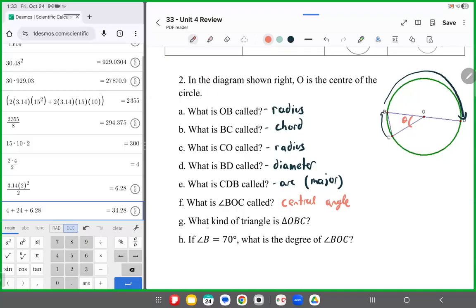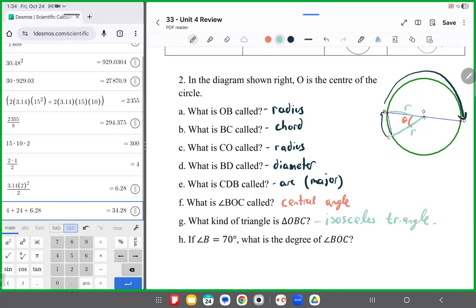Letter G, sorry. What kind of triangle is OBC? Well, what do we know about OBC? There's O, so OB and OC are both radiuses. And if they're both radiuses, that means they both have the same length. So that means this is going to be an isosceles triangle, because the definition of an isosceles triangle is that two of the sides are the same.